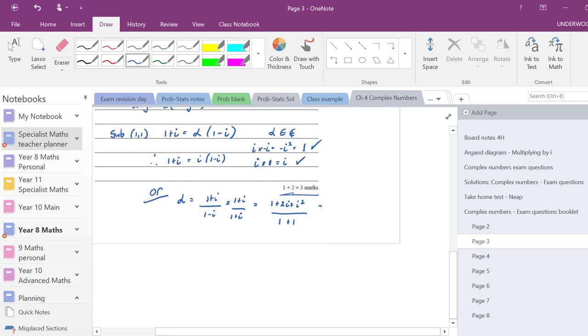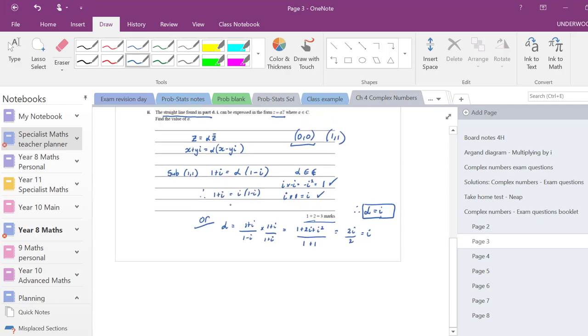Now that's going to be equal to 1, i squared is negative 1. That's going to be 2i over 2, which is equal to i. So therefore alpha is equal to i, and so you can save yourself some time by probably just using a little bit of logic, or you could have actually just rearranged to find alpha there.